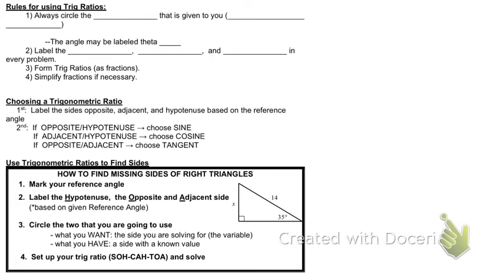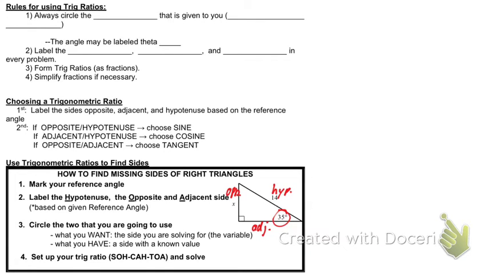So here we're saying based upon this angle, 35 degrees, this is the adjacent side, this is the opposite side, and this is the hypotenuse. We are given the hypotenuse and looking for the opposite, so for SOHCAHTOA, which one involves O and H? That would be SOH.